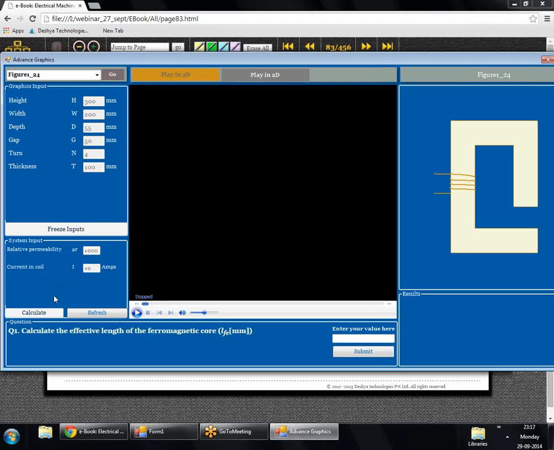As soon as we click on calculate, our first question appears, and this first question states that we have to find out the effective length of the ferromagnetic core. We have studied the theory in the book, and applying that theory we will have to find out the answer to this first question. Let's say I type in 20 and I click on submit.